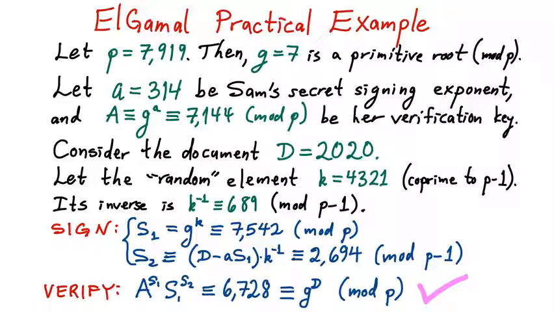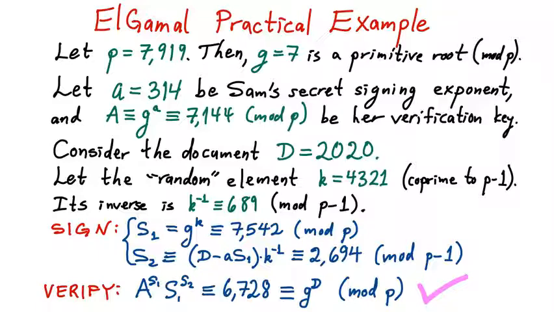So the signature has two ingredients. S1 is obtained by raising g equals 7 to the exponent 4321, and that gives 7542 modulo p.